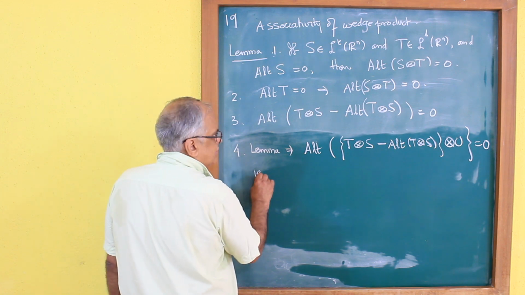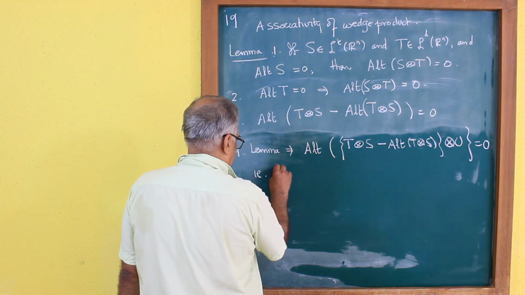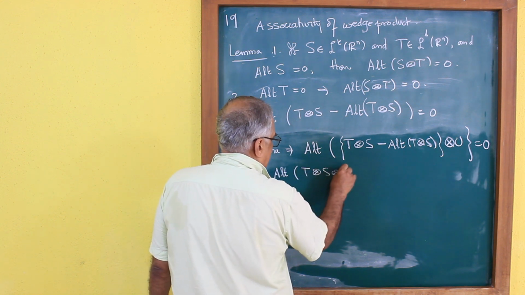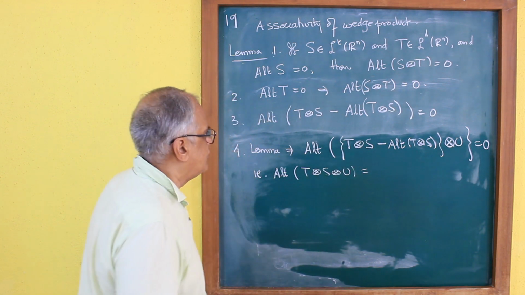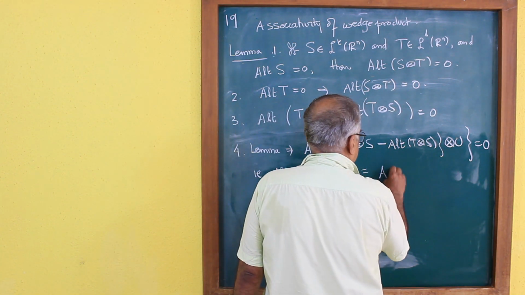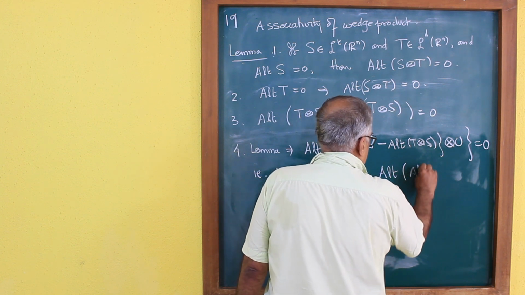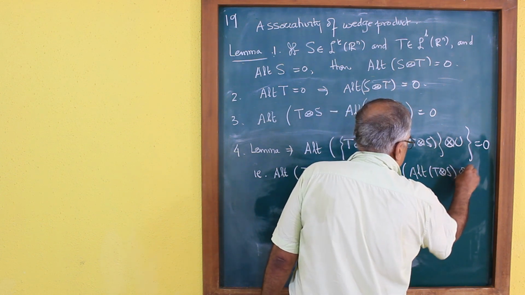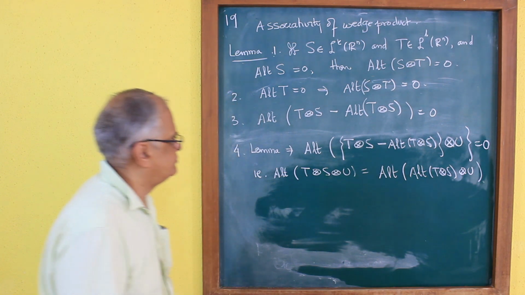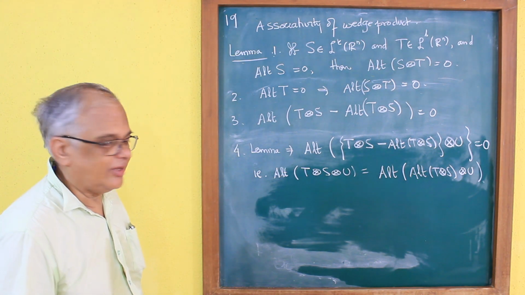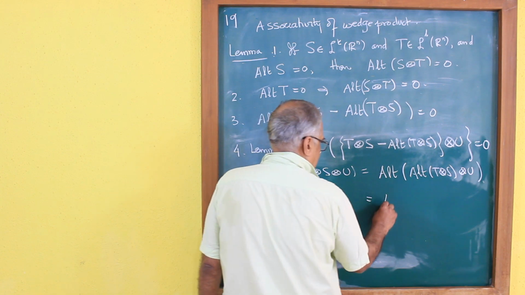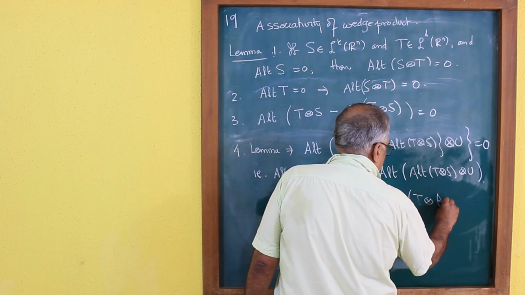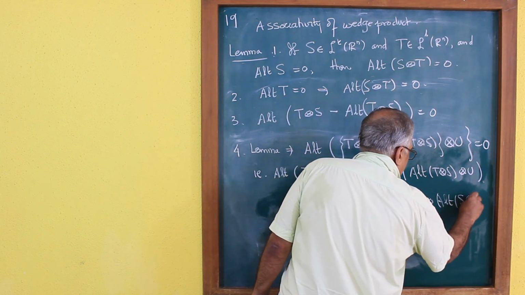And what this says is that alt of T tensor S tensor U is equal to alt of alt of T tensor S, tensor U. Okay? And therefore, in exactly the same way, you will get that this is also equal to alt of T tensor alt of S tensor U.